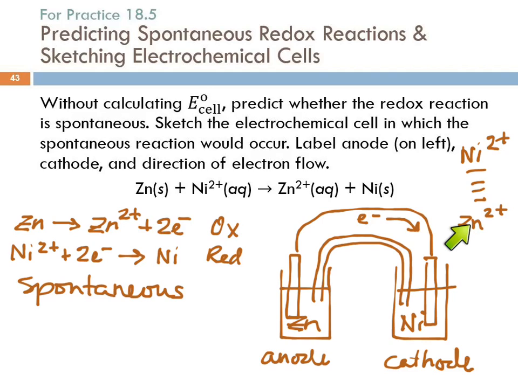And that's what's spontaneous. So the zinc is written as zinc 2 plus plus 2e, which is opposite of that. That's why we flip it. Yeah, so this is written opposite of what's in the table. The table is written as a reduction. Here, I know from this equation that the zinc is undergoing oxidation. So the reduction metal is higher on the list than the oxidation one, and so it's spontaneous.